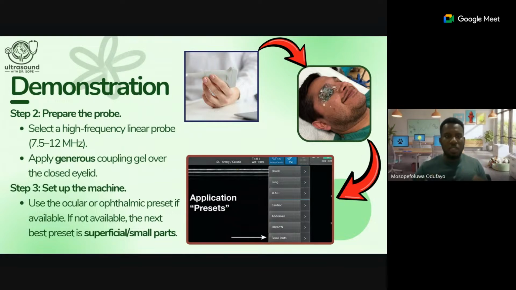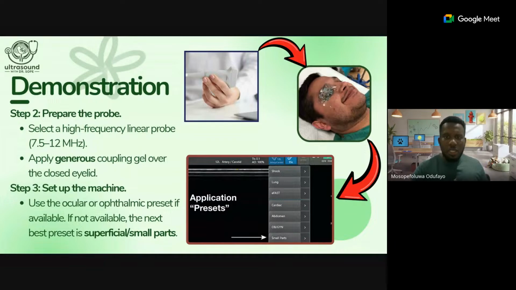In the point of care setting, if you have those kind of presets, those presets are specifically designed for high resolution superficial structures. That is, those presets are meant to work best to see things that are superficial and give high resolution to it. And since the eye is also like that, you're going to be looking for something that offers such a preset. Is that okay? So that's what you need.